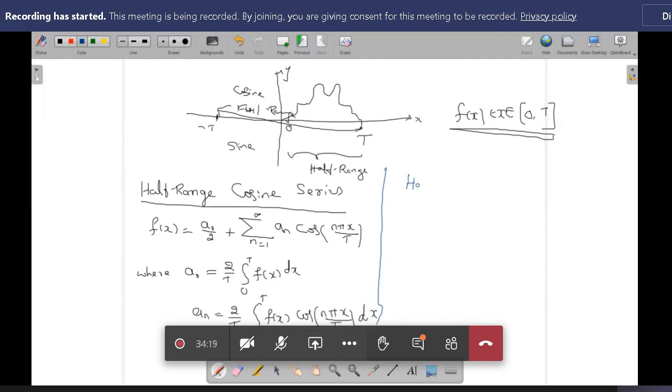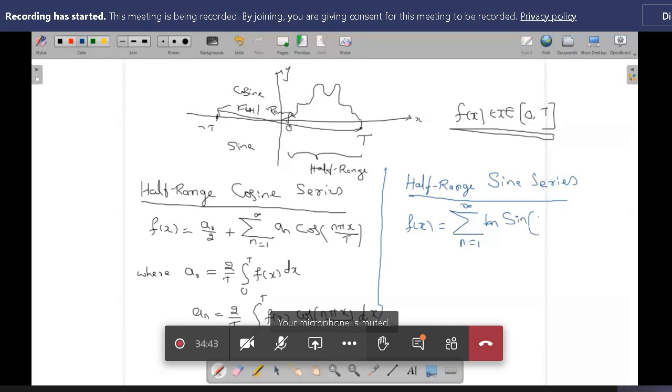It contains only sine terms. f of x equals summation n running from 1 to infinity bn sine n pi x by t, where bn is 2 by t integration from 0 to t f of x into sine n pi x by t into dx.